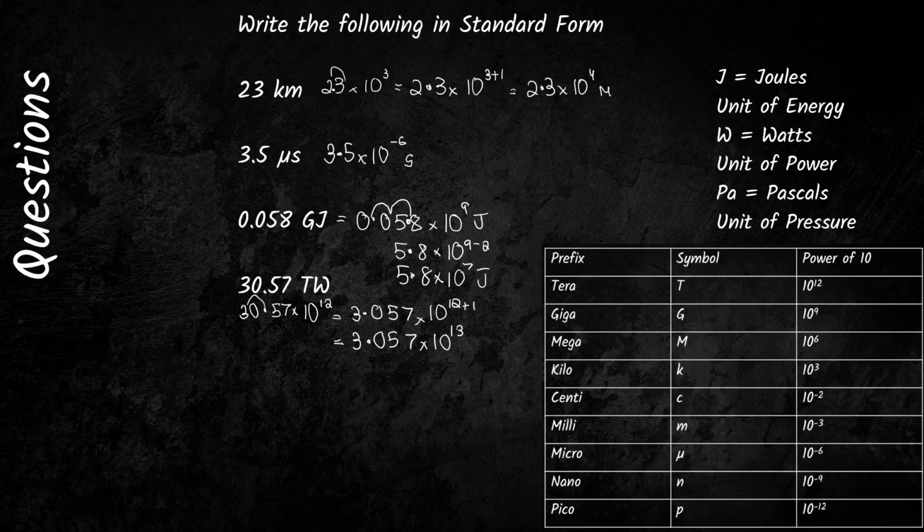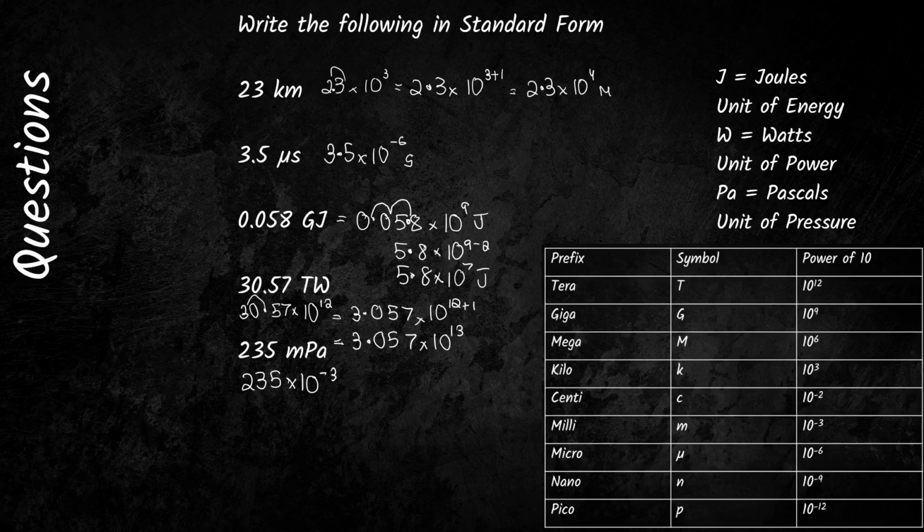All right. Next question. 235 megapascals. Sorry, that's small m, that's millipascals. So 235 millipascals is going to be what? Again, milli is 10 raised power minus 3. So this is 235 times 10 raised power minus 3.